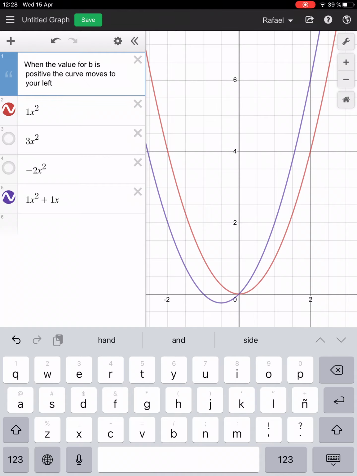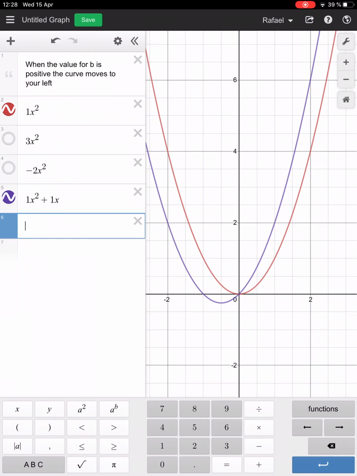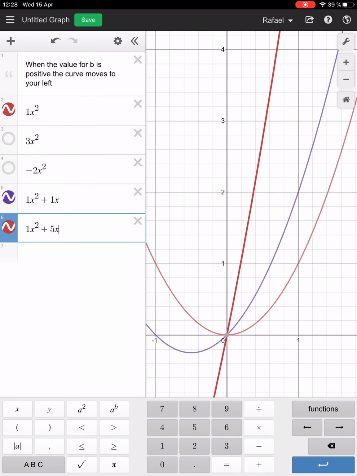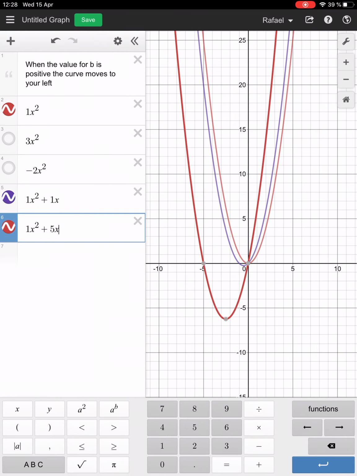It's going to move to your right. Doing a different example, taking a different value for b, 1x squared plus 5x, for example. If you see, we are moving more to the left side. That means to the negative side. That is the consequence of changing the value for b.